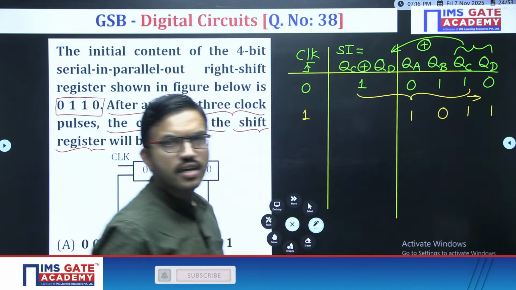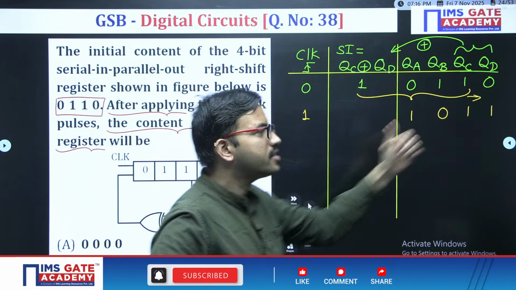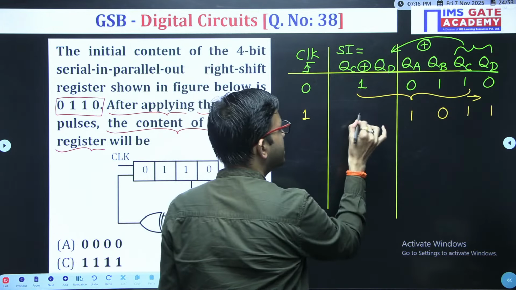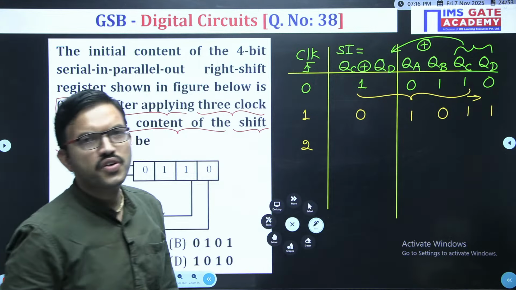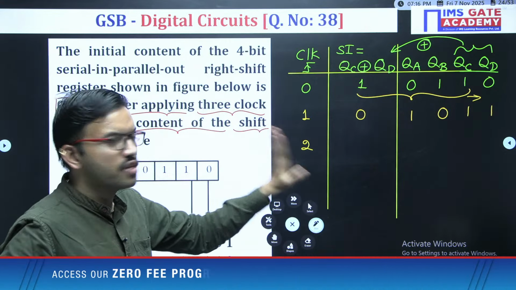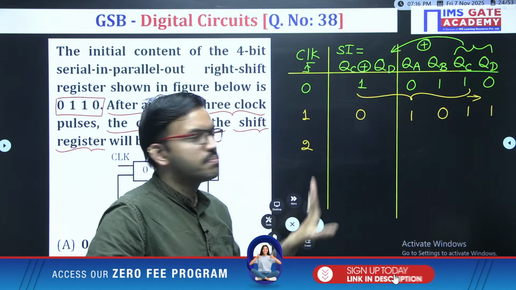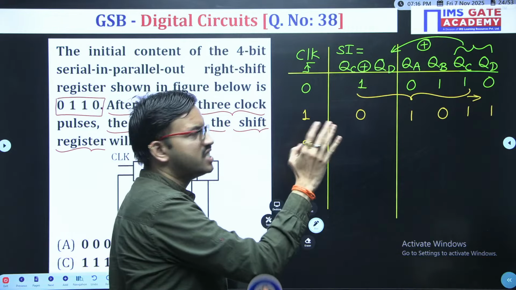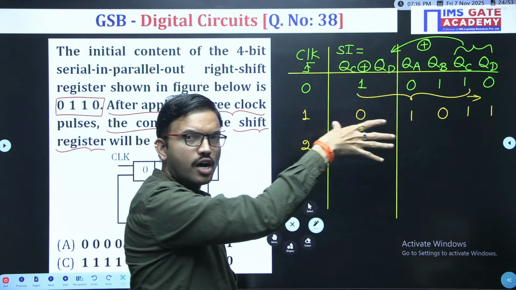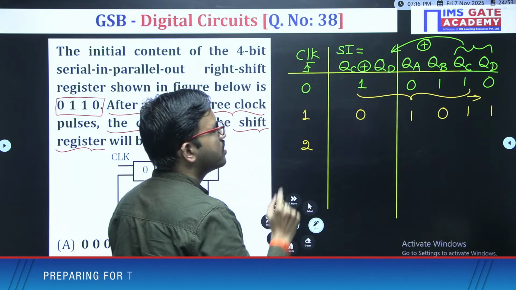Now observe the QC value and QD value. QC is 1, QD is 1, and 1 XOR 1 is 0. That is available before you apply the second positive edge. This is the most important point to note while solving the question using tabular form. I am repeating once again. After you apply the positive edge or negative edge, the respective operation, shifting or counting, happens.